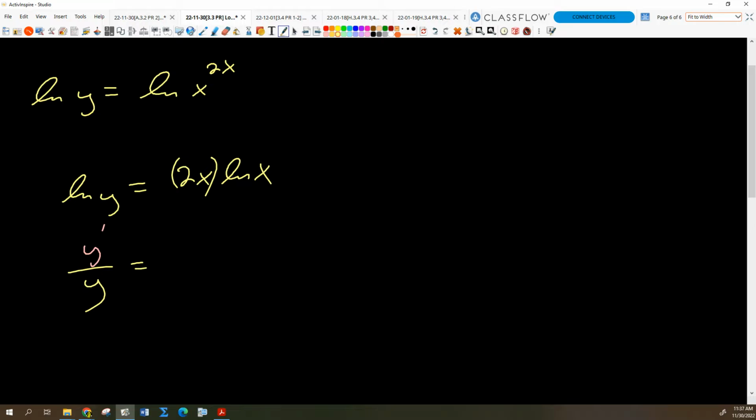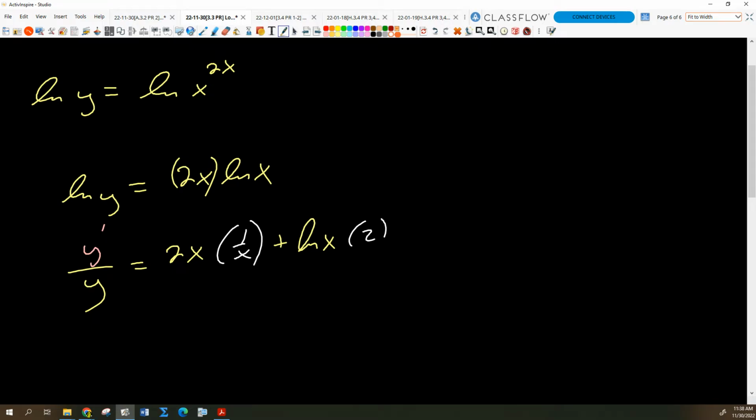Okay, I got to use product rule, don't I? Right? So I'm going to get 2x times the derivative of log x, which is 1 over x, plus log x times 2.